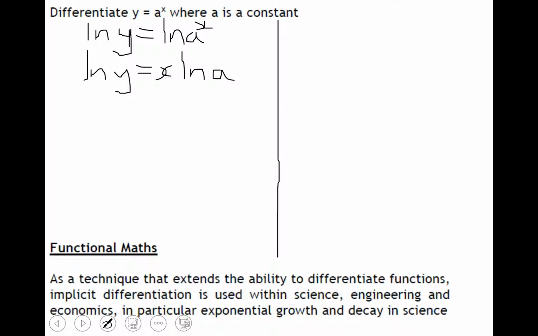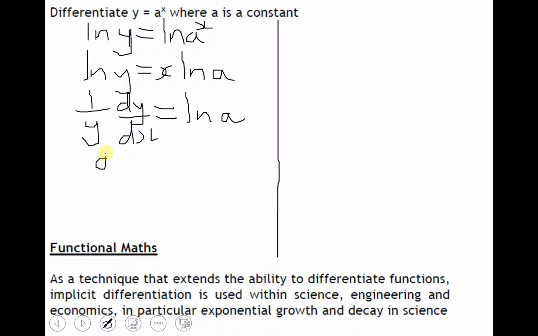So ln y, differentiate with respect to x, will give 1 over y times dy by dx. x times ln a, well ln a is a constant because a is a constant, so that differentiates to ln a.